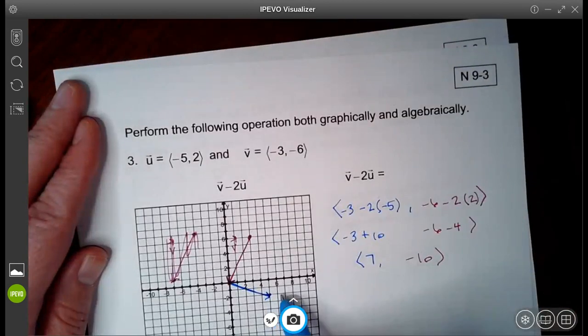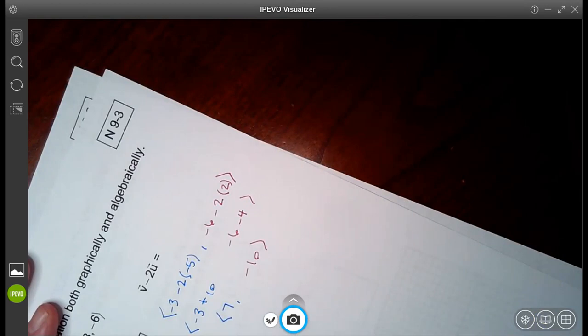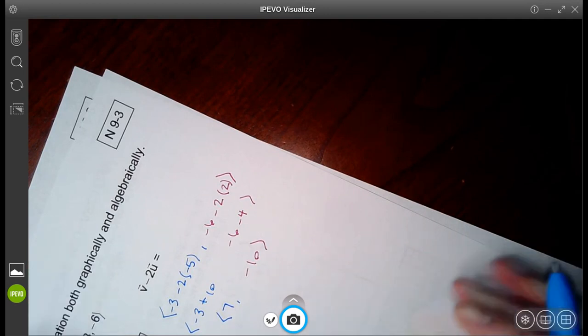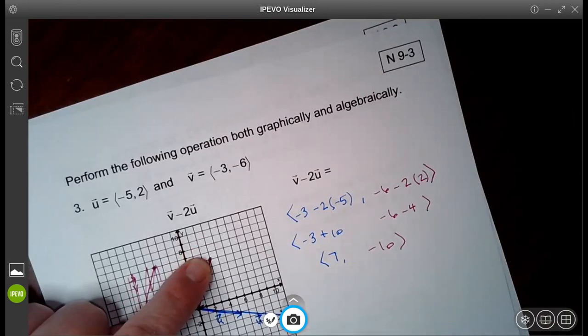So 1, 2, 3, 4, 5, 1, 2. All right. So this was a U, and this was a U. So my resultant vector, remember, is from the tail where I started to the tip where I ended.